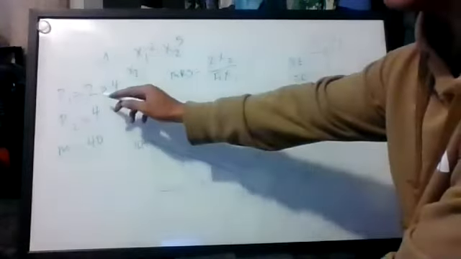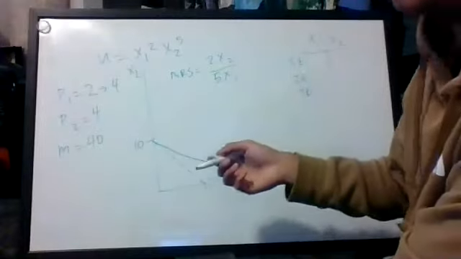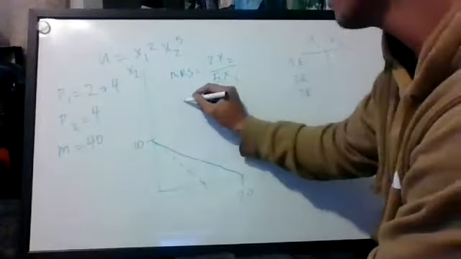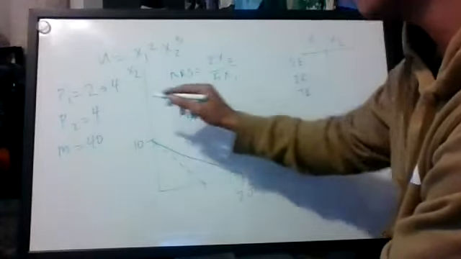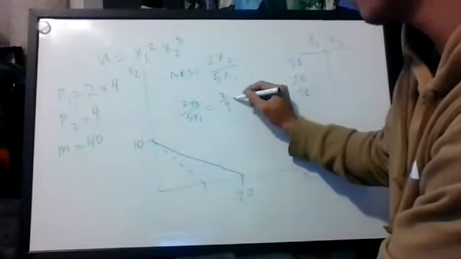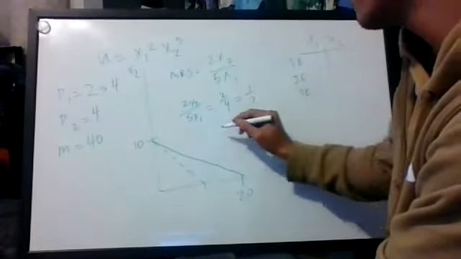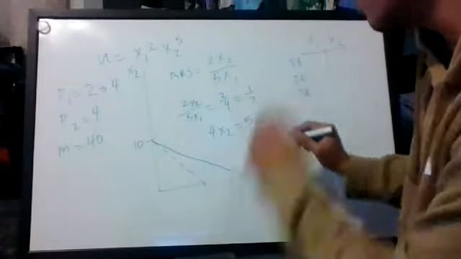But that's going to allow us to set it equal to our price ratio in order to find point A. So 2x2 over 5x1 is going to be equal to 2 over 4, which is just 1 over 2. And so I get that 4x2 is equal to 5x1.